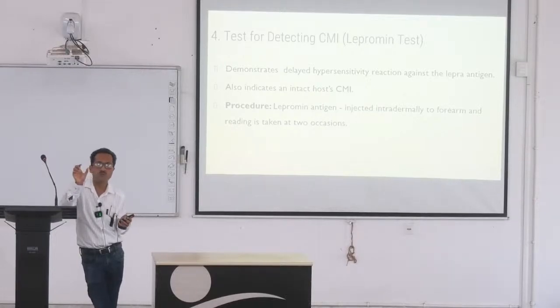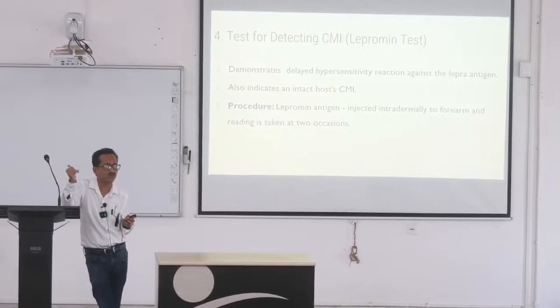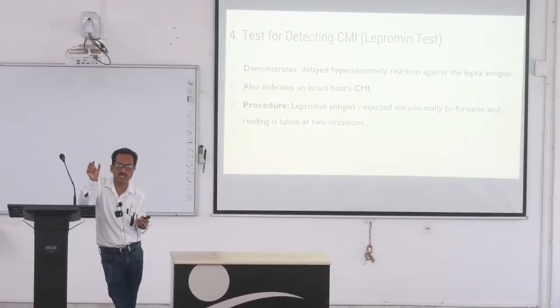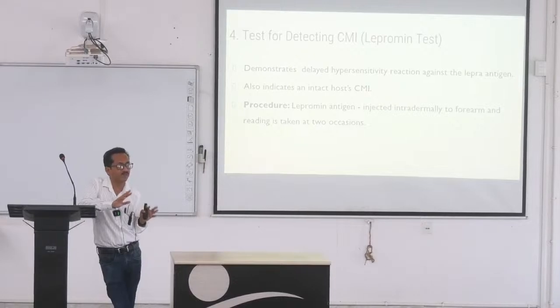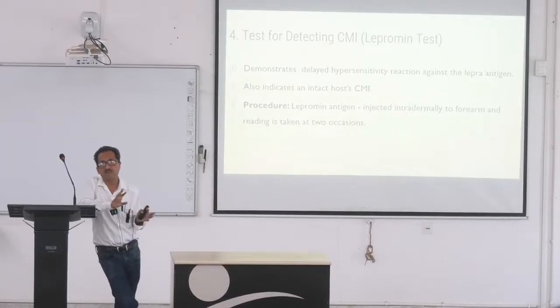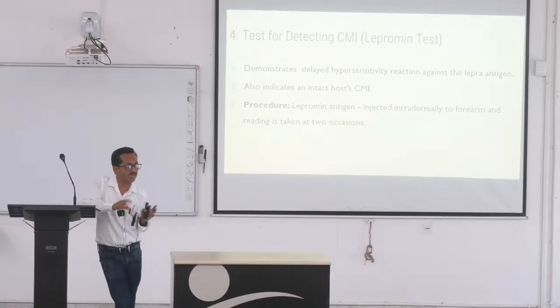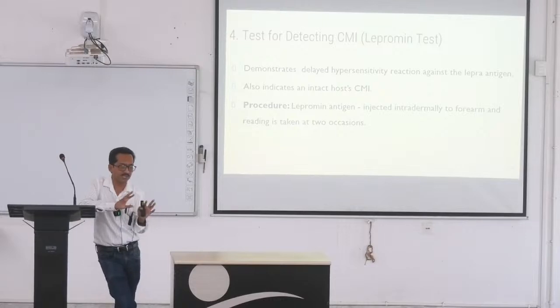So you need to look for the induration. What is the size of the induration above which you will call it positive? It is 10 millimeter. So you have to measure after giving the 5 tuberculin unit of purified protein derivative, after 48 to 72 hours, and induration should be more than 10 millimeter in tuberculosis. Why have I mentioned this?